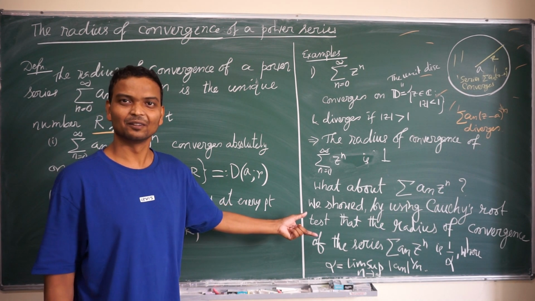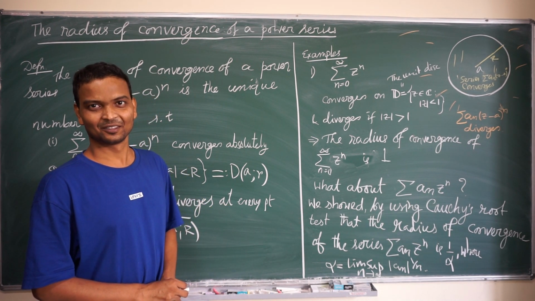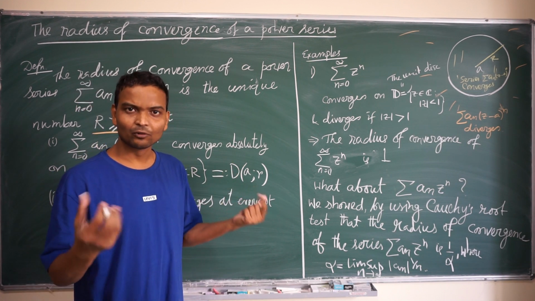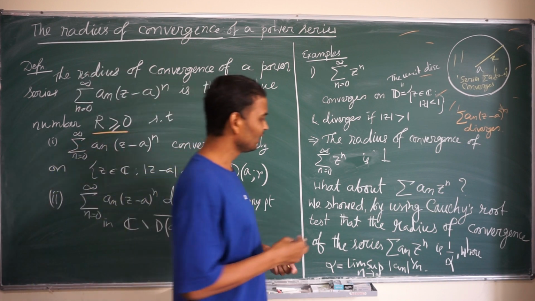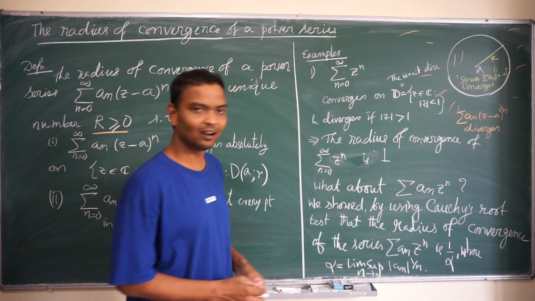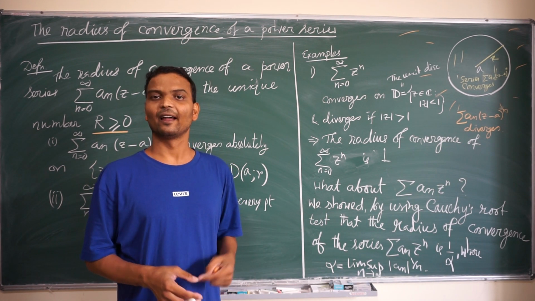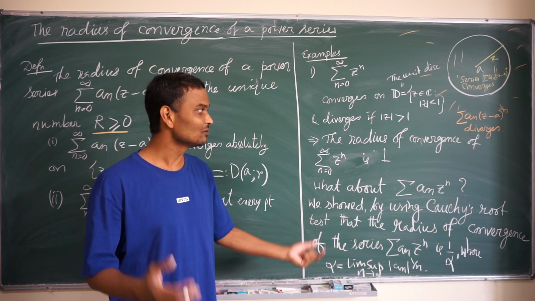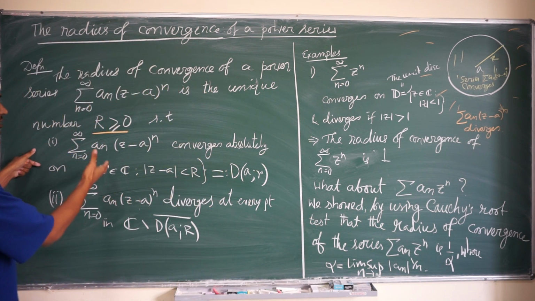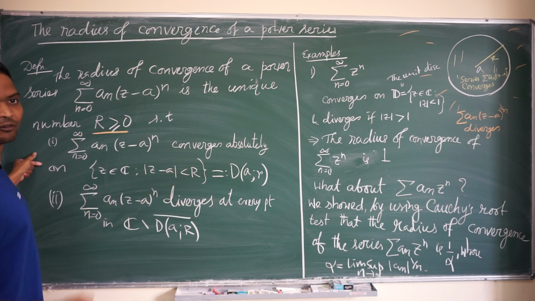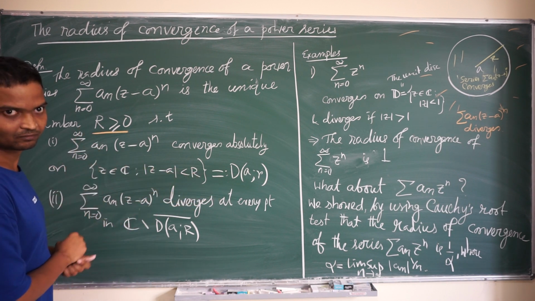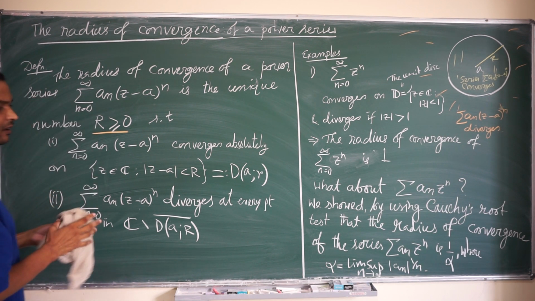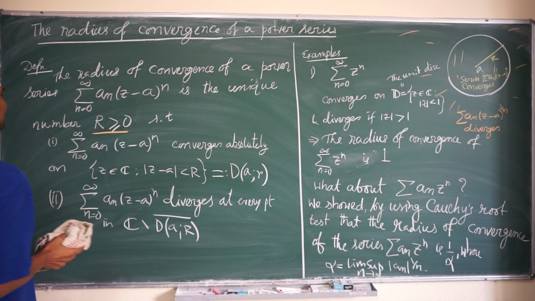Alright, so this we have seen by Cauchy's root test. The way we argued was informal, but what we proved is if mod z is less than 1 over alpha, then the series converges, and if mod z is greater than 1 over alpha, the series diverges, which is precisely the conditions for that number 1 over alpha to be the radius of convergence. Alright? Okay, so this one will be useful.